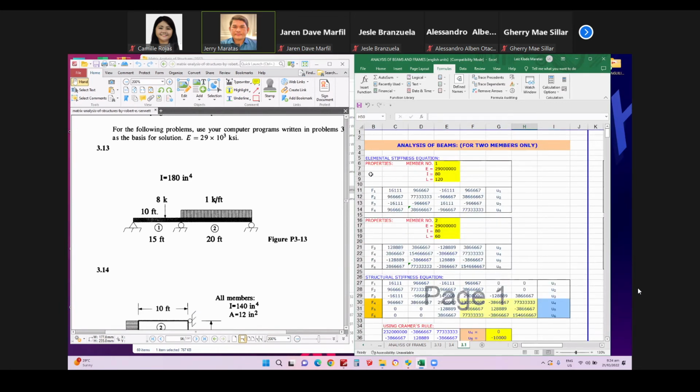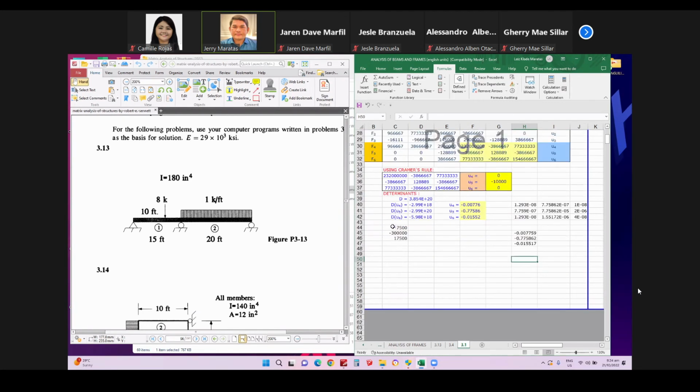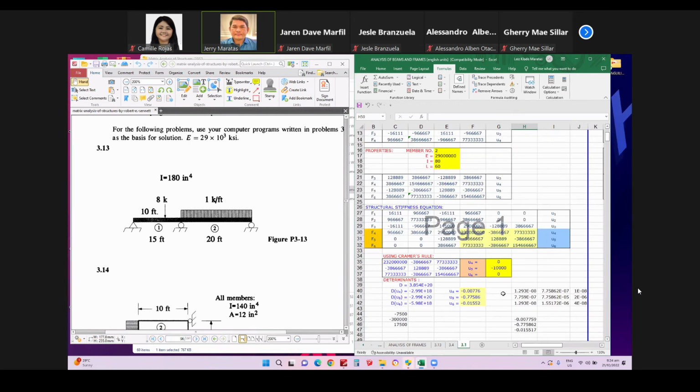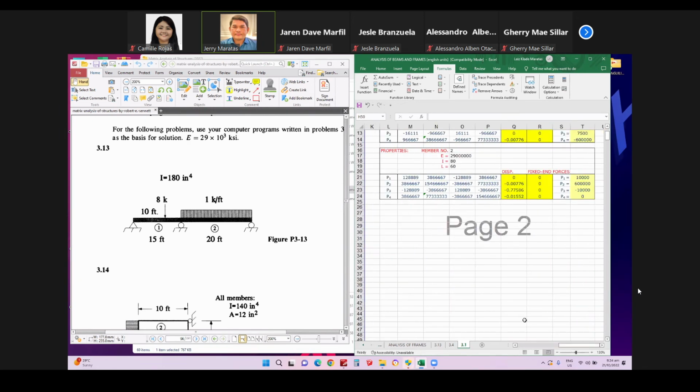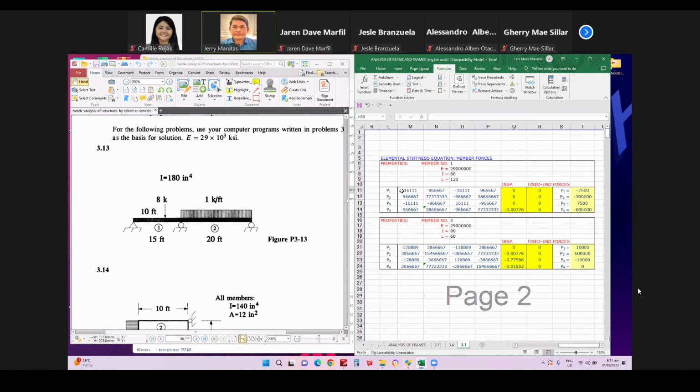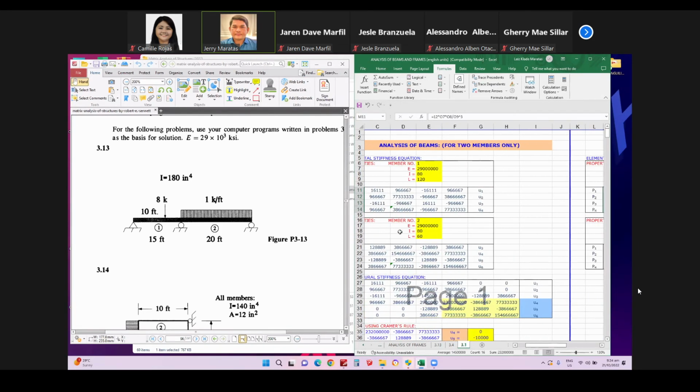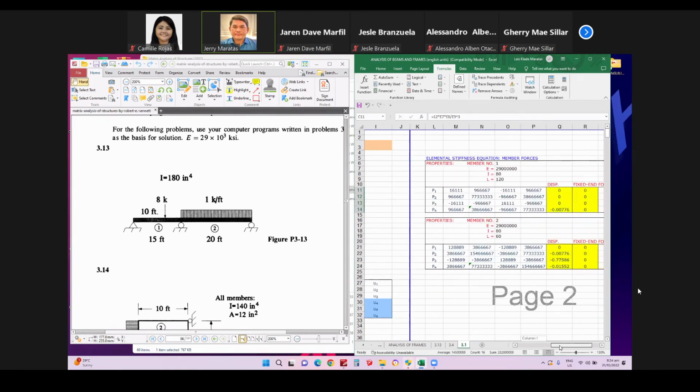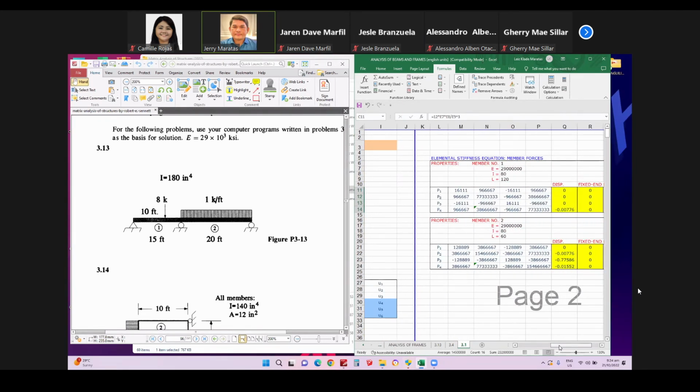So for every element, after that, you combine, you reduce, and you solve the displacements. Very simple. After that, solve for your member forces. Consider the elemental forces. That's the same because that's a beam, so you don't need any transformation matrix.